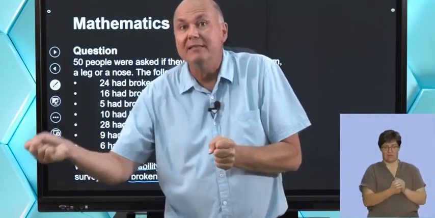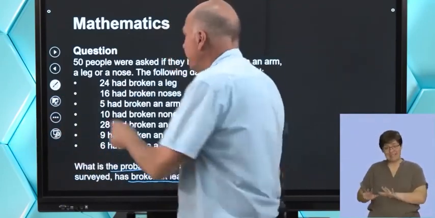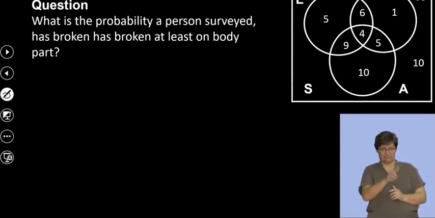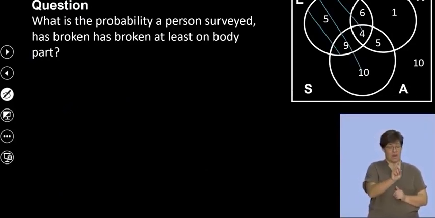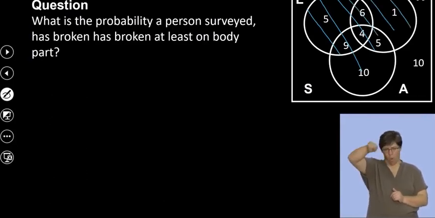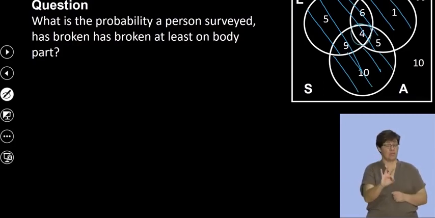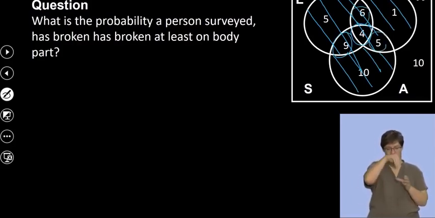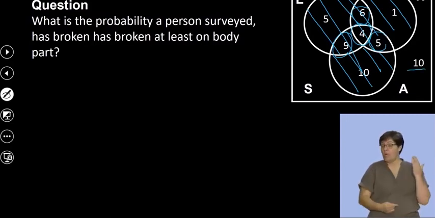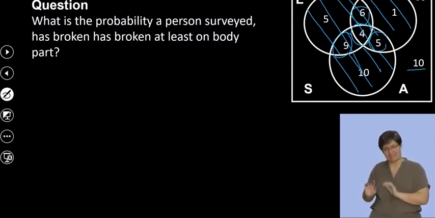Have a look here. When we're looking at least one, we're considering all of this space, because even though you've broken 3, you've broken at least one. Even if you've broken 2 of them, you've broken at least one. So all of these are included. The only people that aren't included are those that didn't break anything.